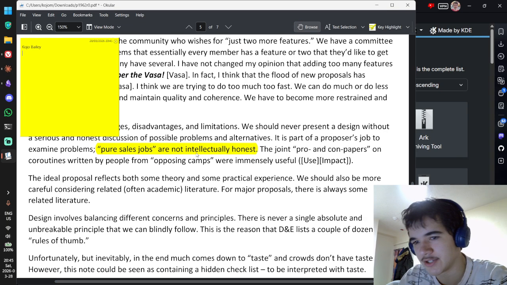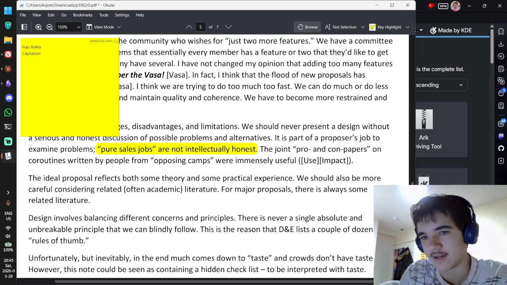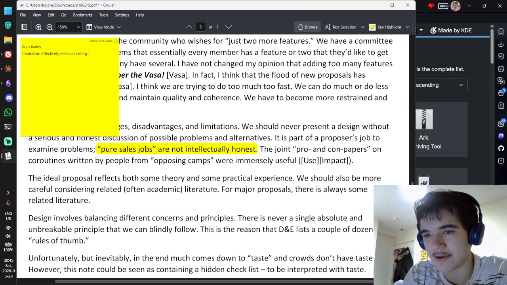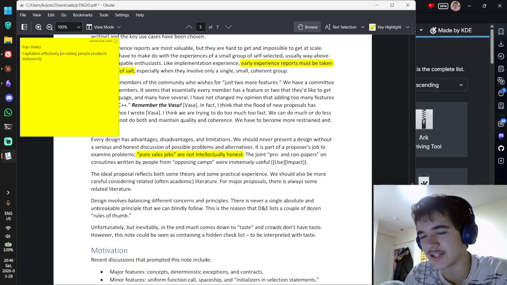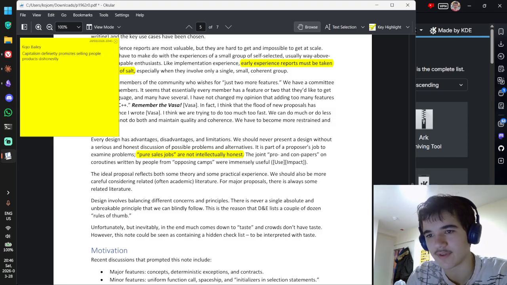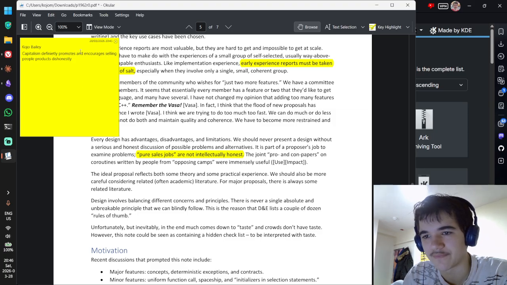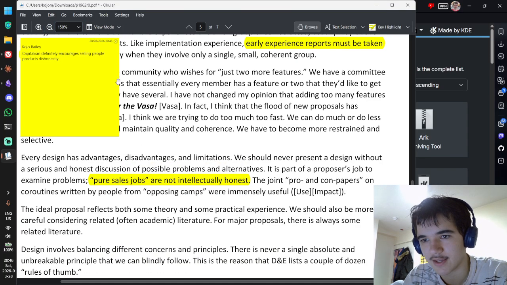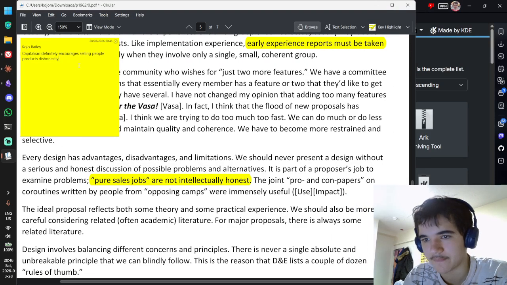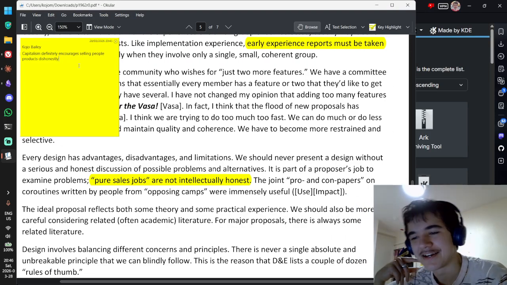Because capitalism kind of relies on selling people products dishonestly, or vastly encourages selling people products dishonestly. How did I just zoom out? And I hate it.